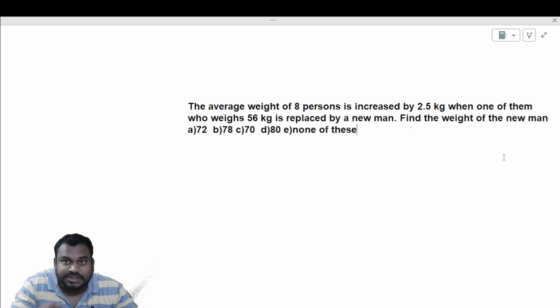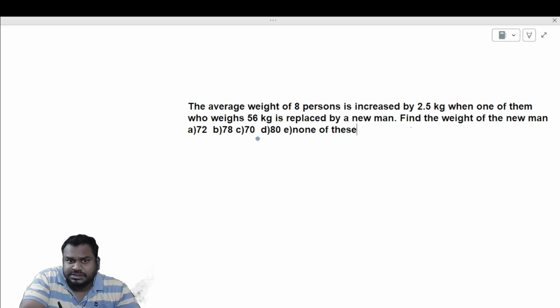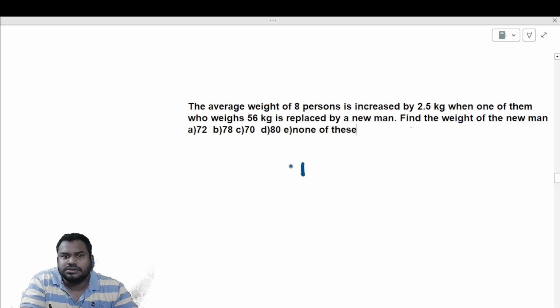So leave it. Now, this can be done in two ways. I'll tell you the normal procedure first, then the shortcut. So the total weight of all the persons divided by 8 will be equal to some k, I'll assume. The average is some k.